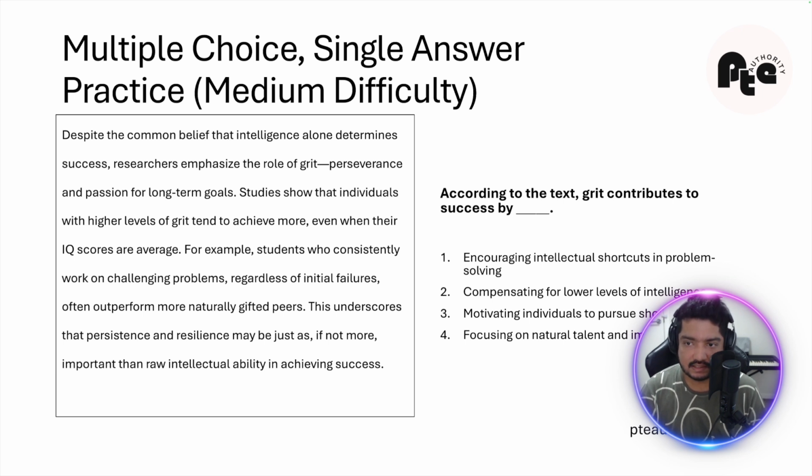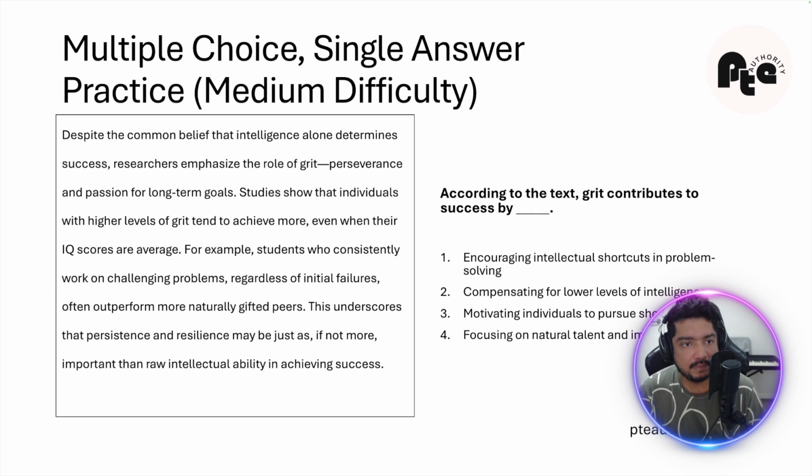According to the text, grit contributes to success by blank. So in the text, we should be looking for the contribution of grit to success. That means, how does grit contribute to success? That's basically a how question phrased differently. Now let's go through the text.